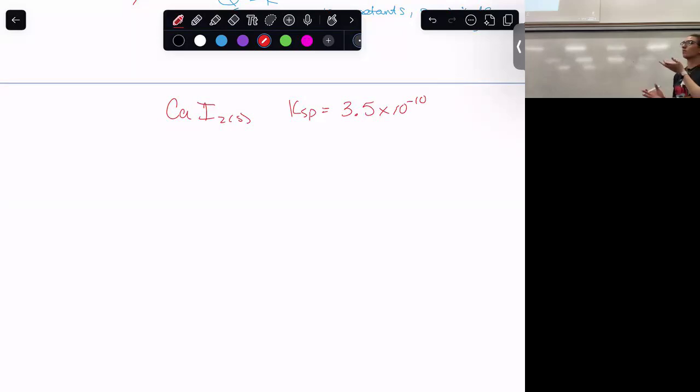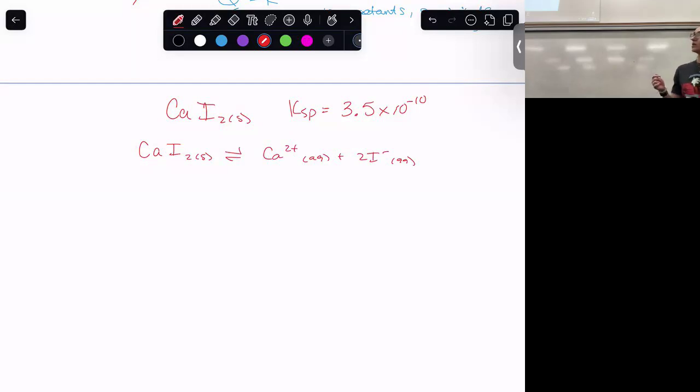Now we can see what happens to a solid in solution. So we know that if we have calcium iodide, this is going to switch from calcium 2 plus to 2I minus. Okay, and then we can use Le Chatelier's principle to see if precipitate will form, if more solid, or if more ions will form, or if nothing happens.